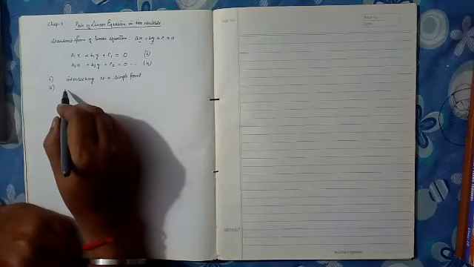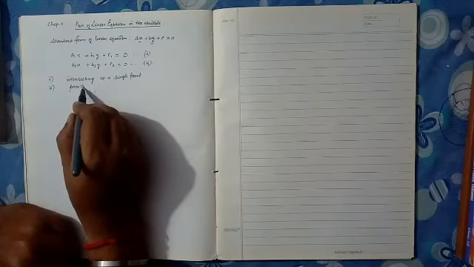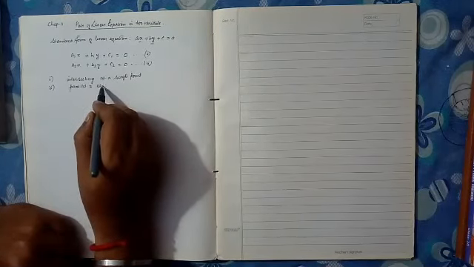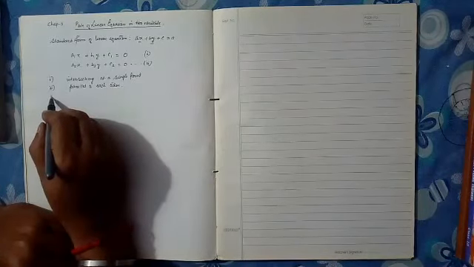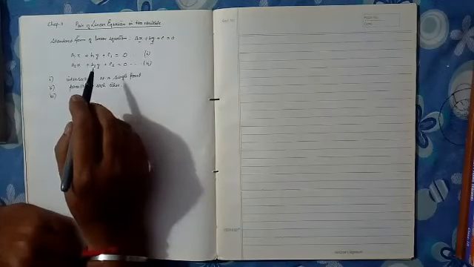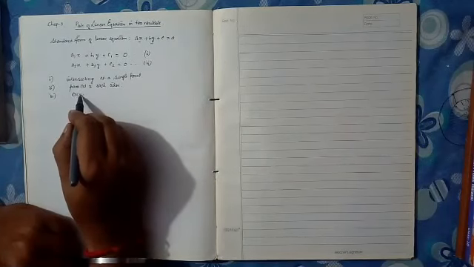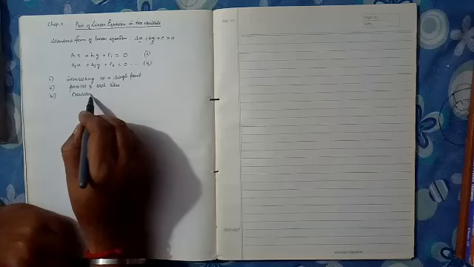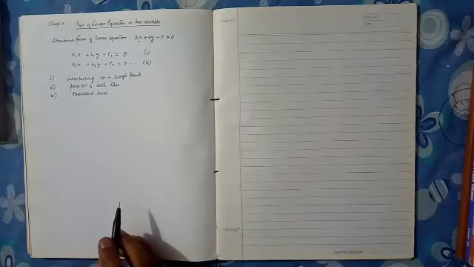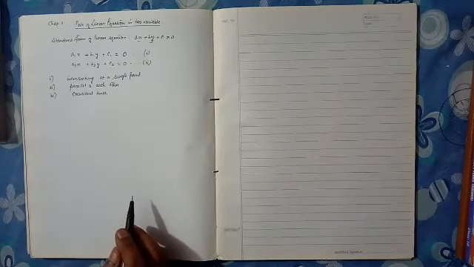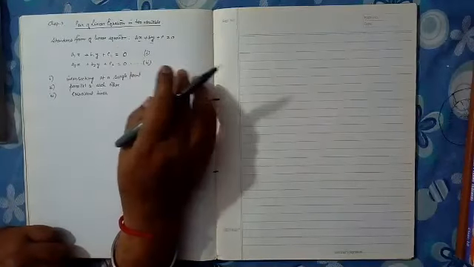Second case, parallel to each other. And third case is two lines are coincident lines. So these are the different types two lines can be.